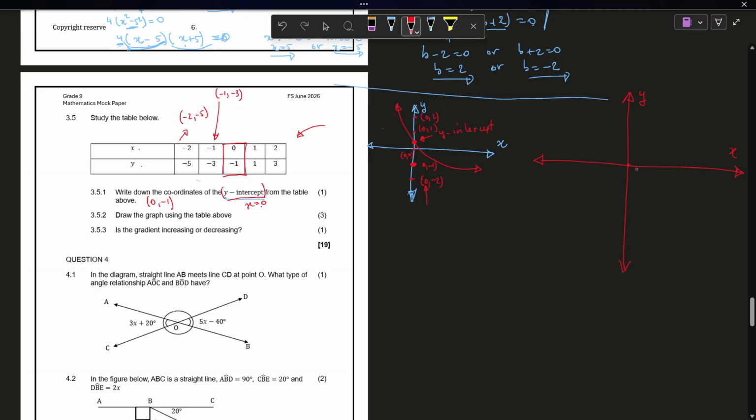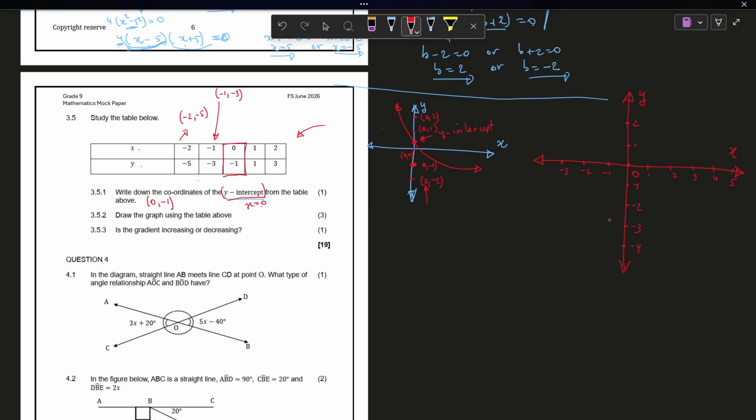So here we've got point 0. Remember, you can have, let's say, 1, 2, -1, -2, -3, -4. And then we've got -1 here, -2, -3, 1, 2, 3, 4, 5. Okay, right. So what have we got here?